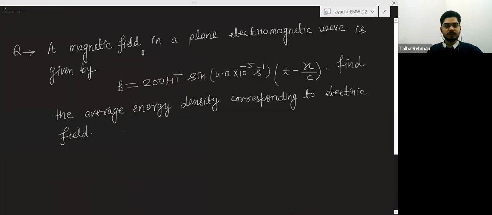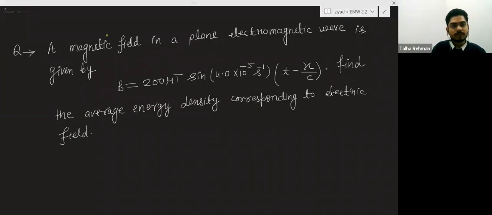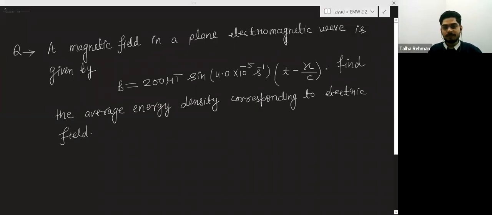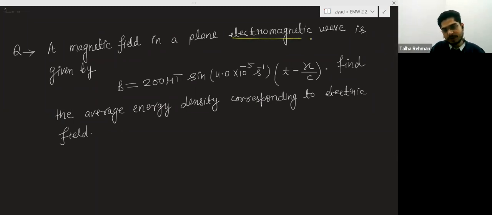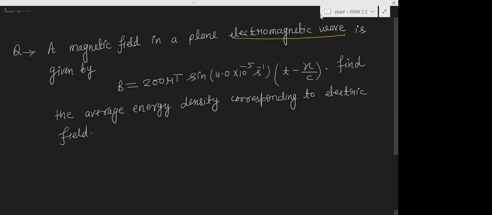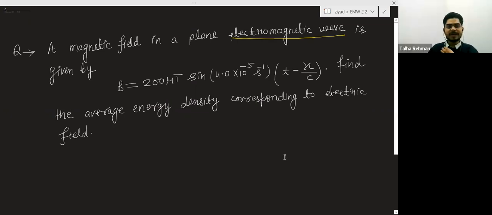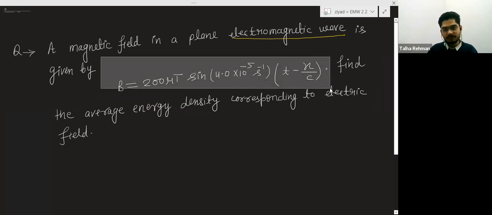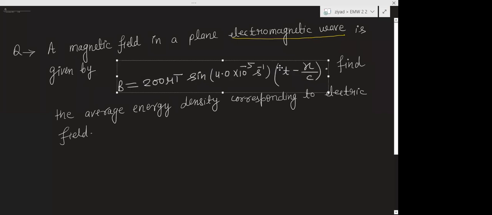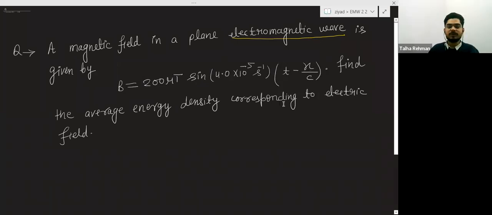Now, one question corresponding to this topic. They are saying a magnetic field in a plane electromagnetic wave. So, in an electromagnetic wave, what are the energies? Electrical energy and magnetic energy are there. So, it is given in the question that a magnetic field in a plane electromagnetic wave is given by this equation.